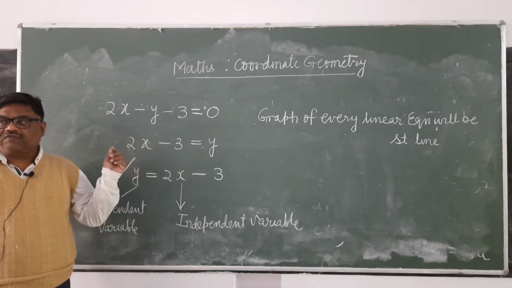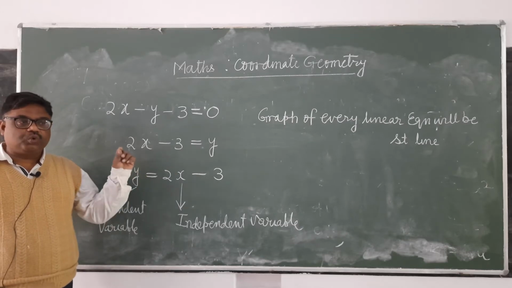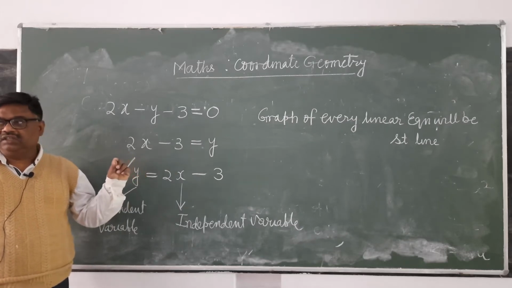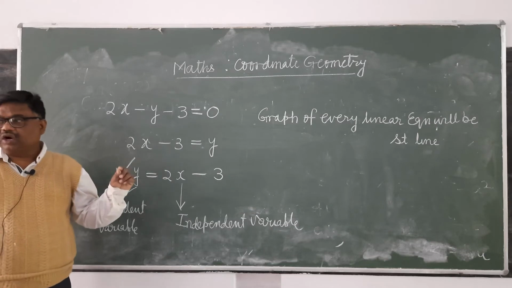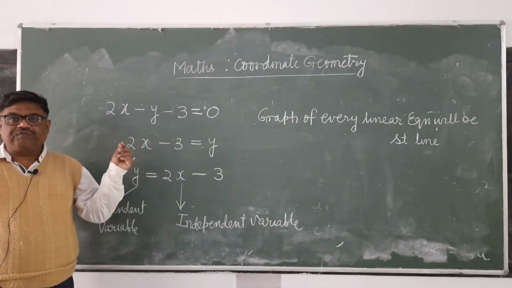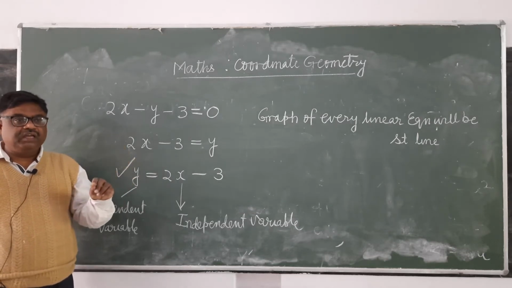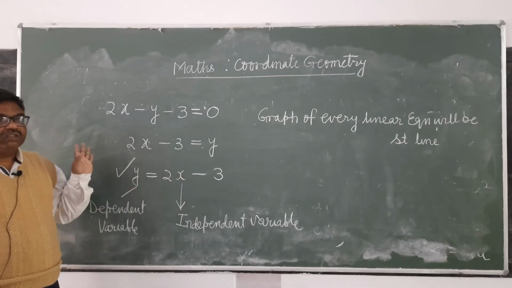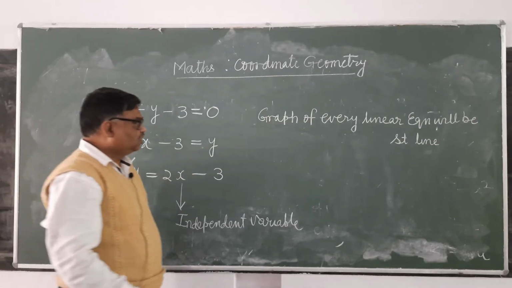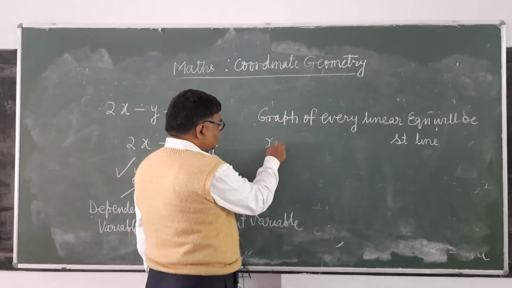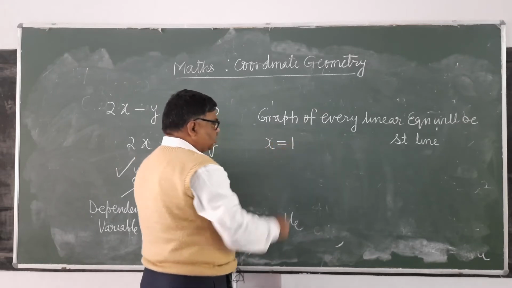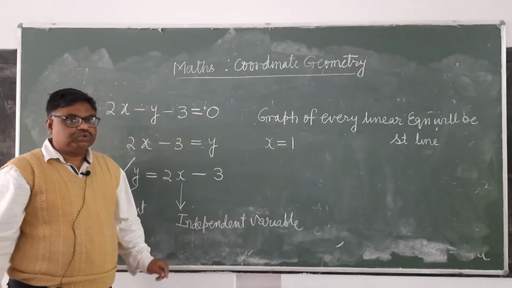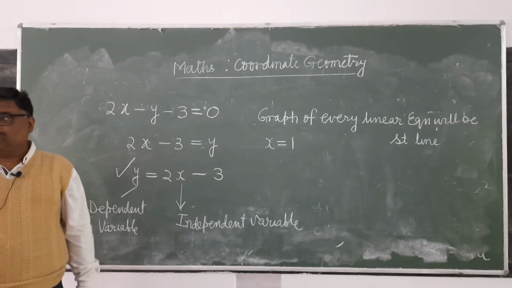First of all, we will determine three coordinates. Coordinates means a pair of values of x and y which satisfies this. Now see here, for three different values of x, you determine the value of y.